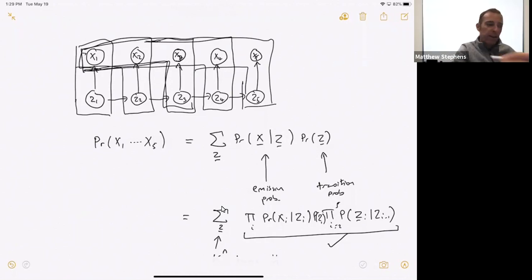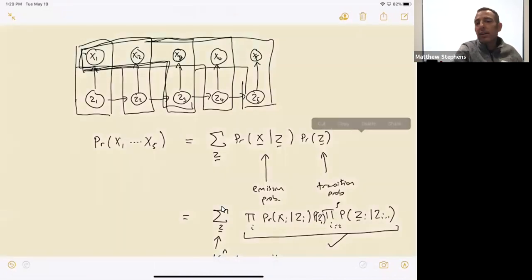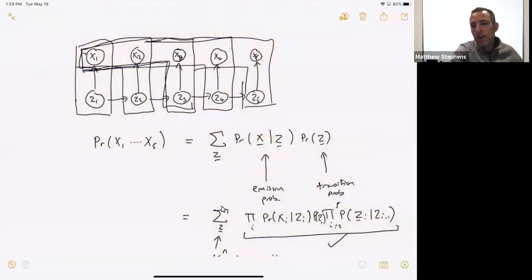So that's the basic idea: when you get to the end, you've got the probability of x1 up to xn and zn, and then you just have to sum over the k possible values for zn. So there are just k terms that you have to sum at the end to get this joint probability. This algorithm, which we'll look at in more detail in a minute, is linear in n, right? So it's kind of remarkable.